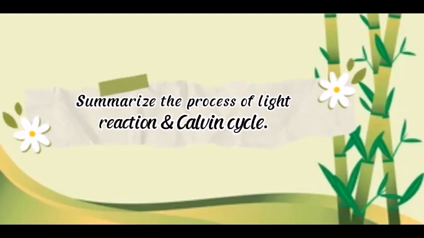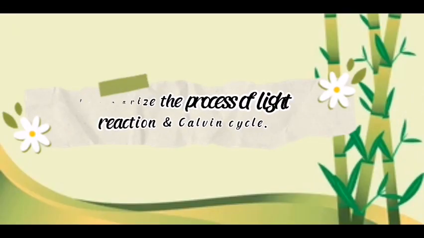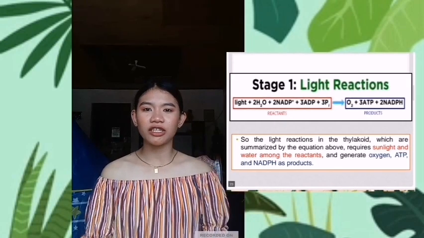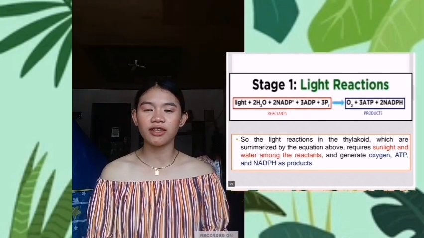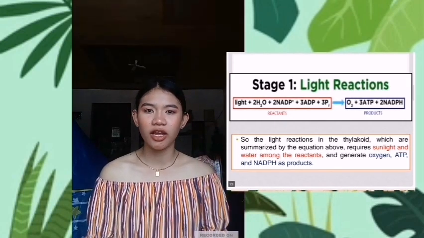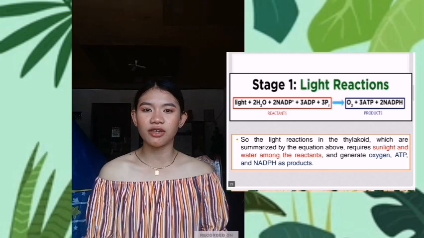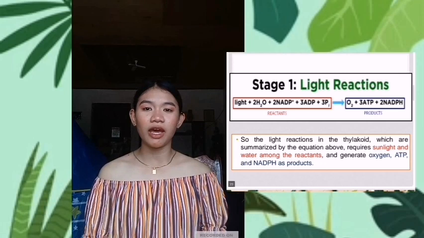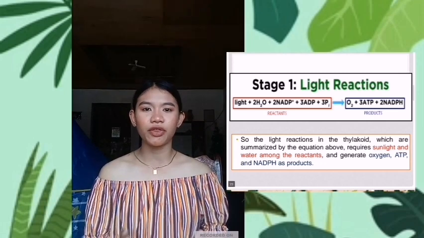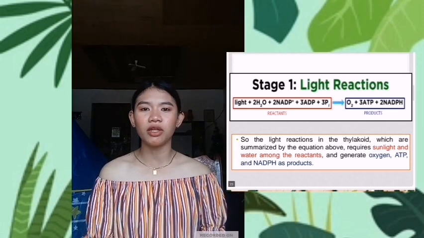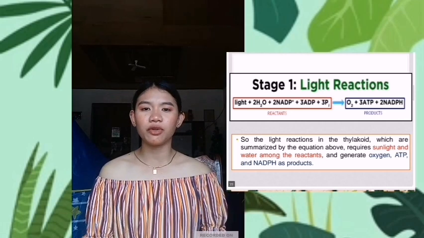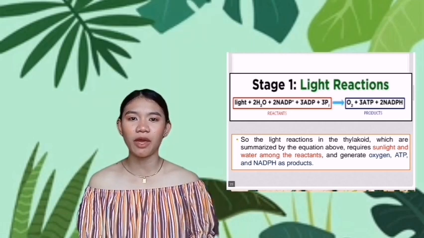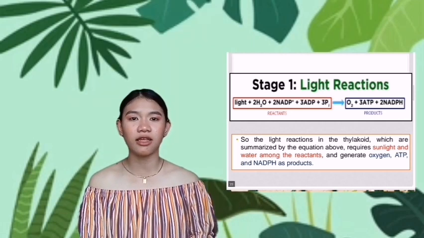created. The first stage of photosynthesis is the light reaction, in which solar energy is transformed into chemical energy in the form of ATP and NADPH. Protein complexes and pigment molecules both contribute to the synthesis of NADPH and ATP.